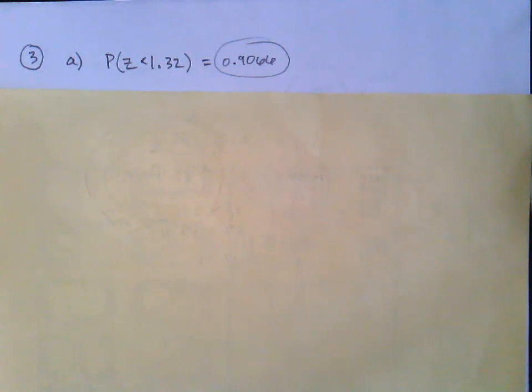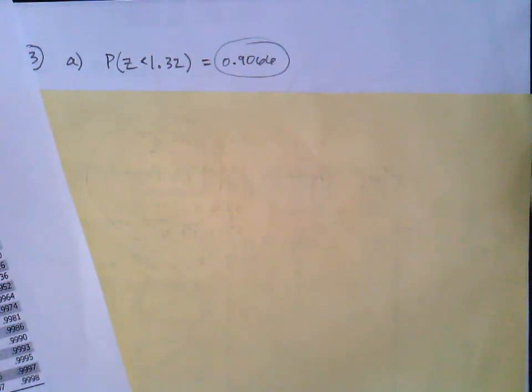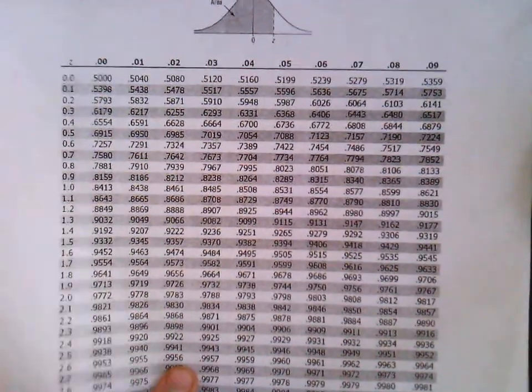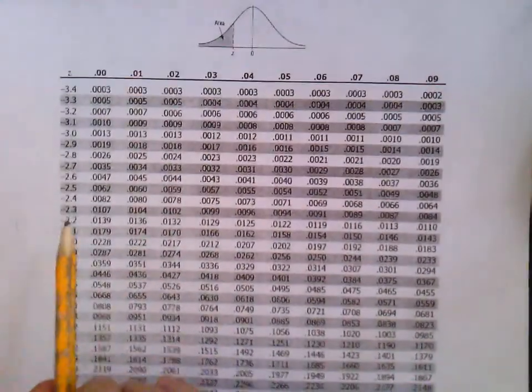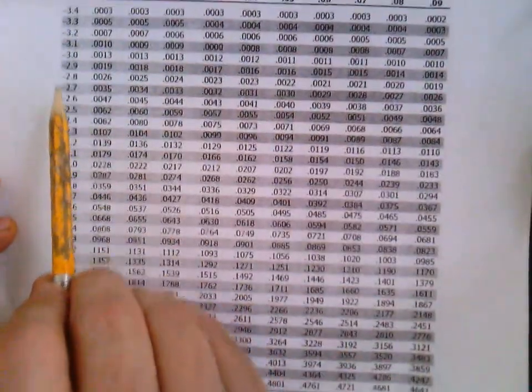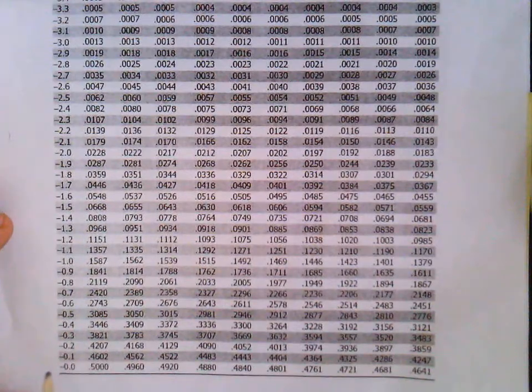Okay, let's move to part B. The probability that z is less than negative 0.78. Again, we have a less than. So this is really nice. We don't have to do anything special. We're just going to look that number up in our z-table. This one, though, is negative. So I don't want my positive z-scores. I'm going to flip this on over to my negative z-scores. Negative 0.78. Okay, they get closer to 0 as I go down.